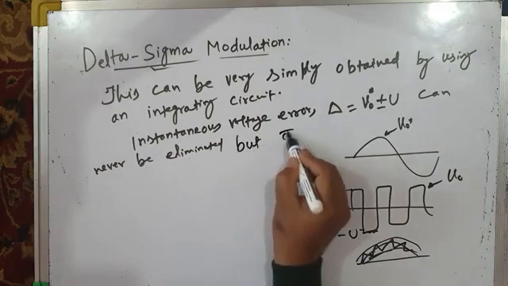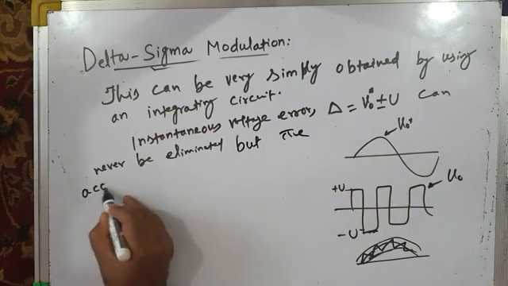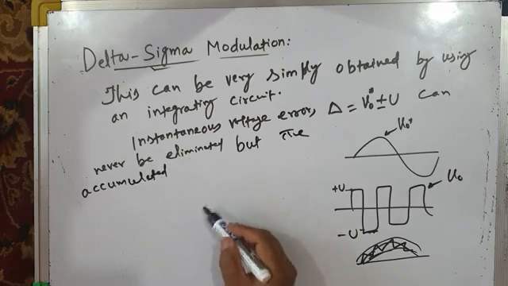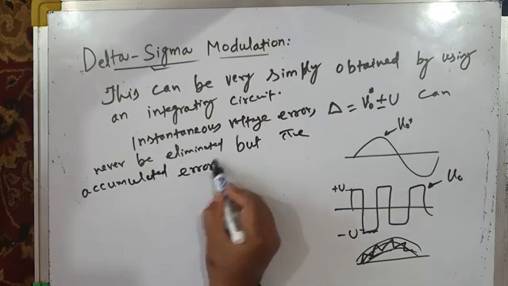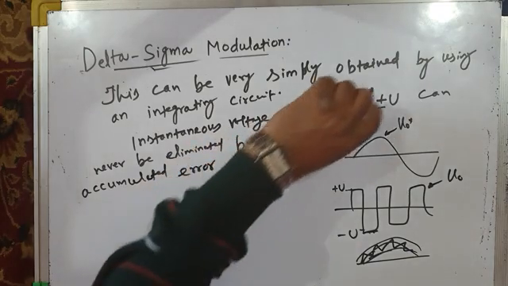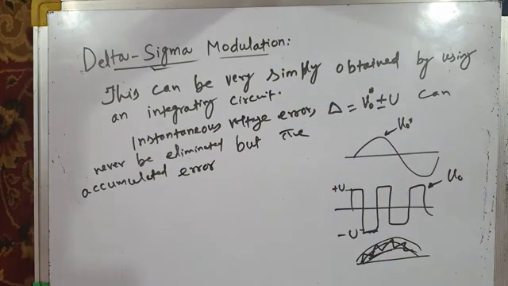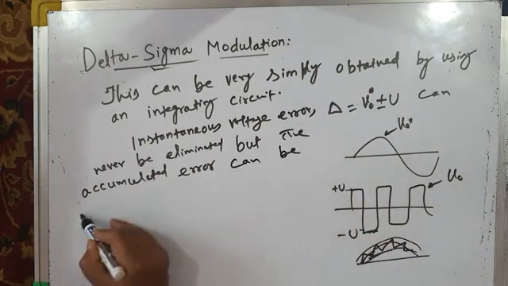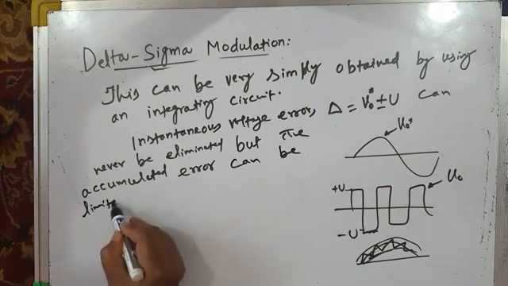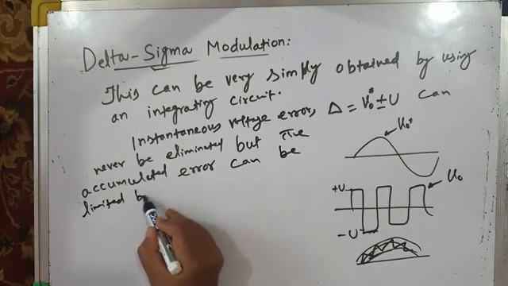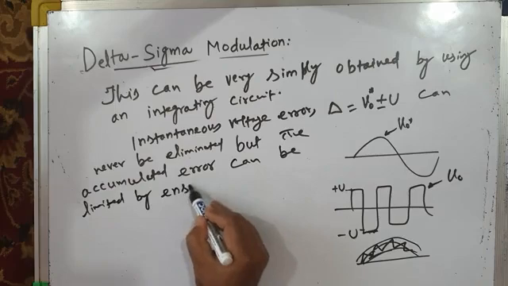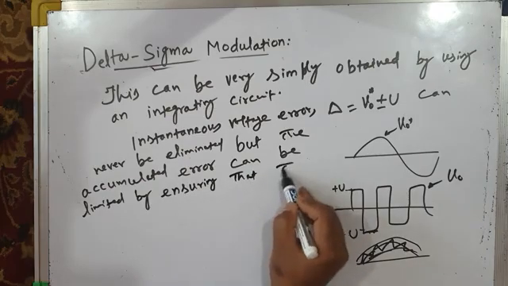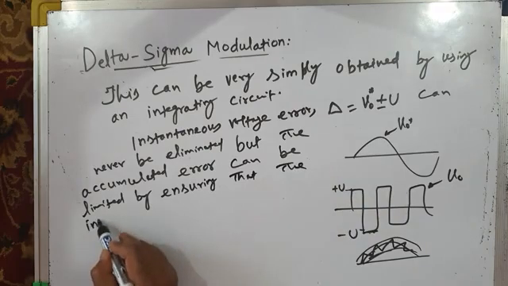We do not take the error, we take the accumulated error. How do you get the accumulated error? By integrating this error. So the accumulated error can be limited. It can be made very nearly equal to zero by ensuring that the integral, what we do, we integrate this error.